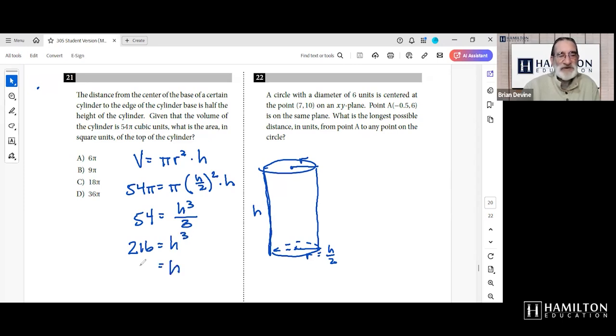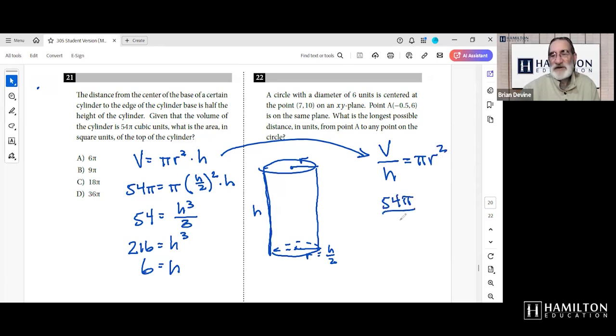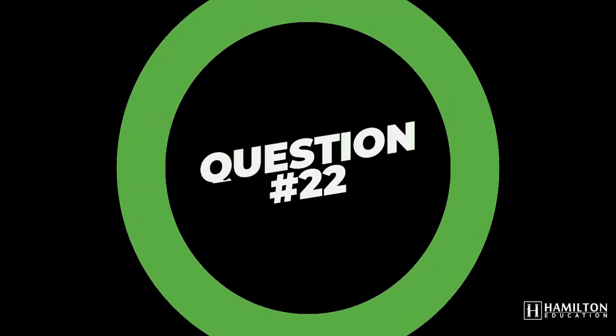So h equals 6. And this tells me here that, well, if I take the volume and divide it by the height, I get the area of a base. So 54 pi over 6 equals 9 pi. Well, B is your answer.